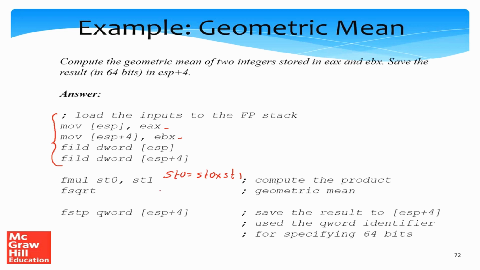We compute the square root. So basically ST0 contains the square root of ST0, right? And then the last line is exactly the same, where we again store it. We use the QWORD identifier to ensure that the result is 64 bits, and we store it at the memory address ESP plus 4.